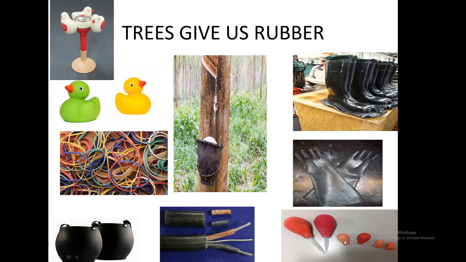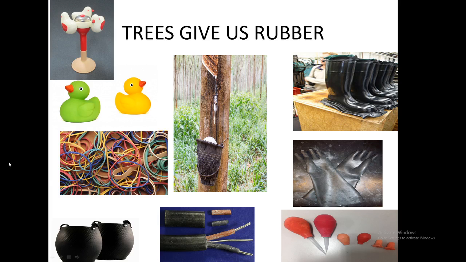Then here you can see the rubber fillers, like for taking medicines, or for filling the ink in the ink pen. These rubber fillers are used for these. And here, see, these are the rubber gloves.